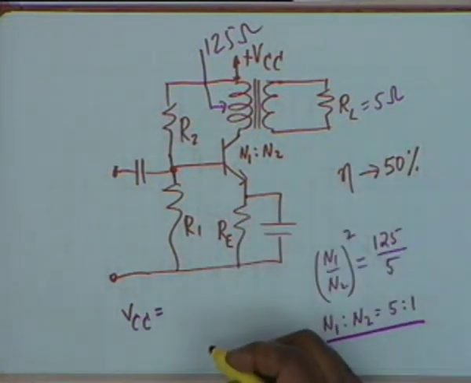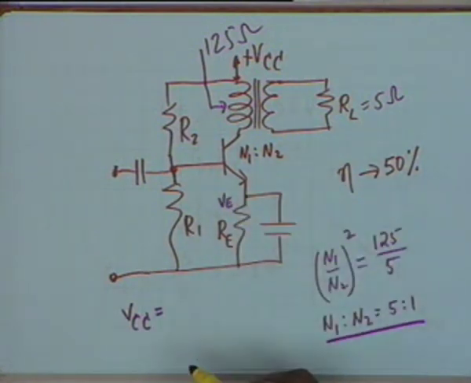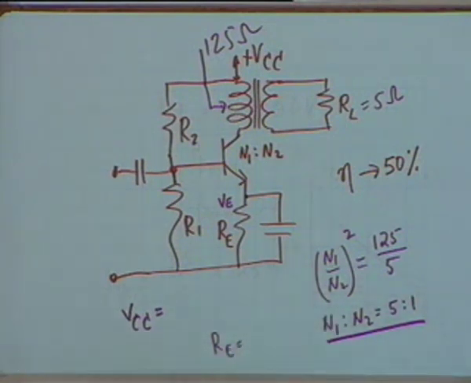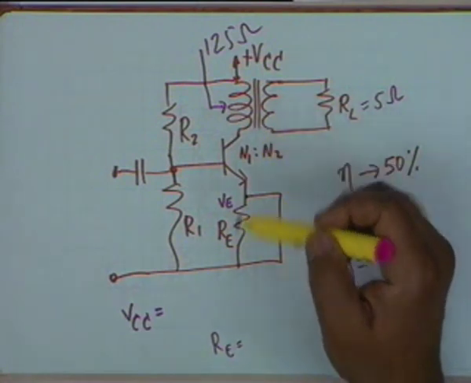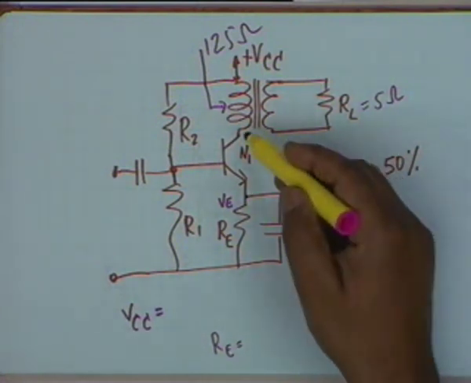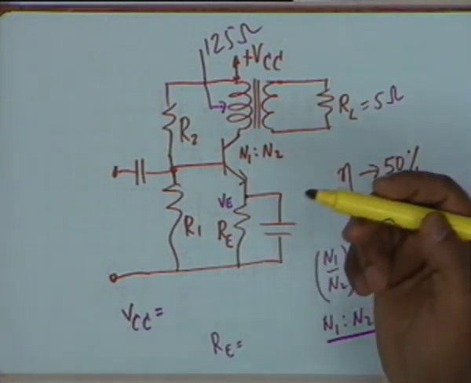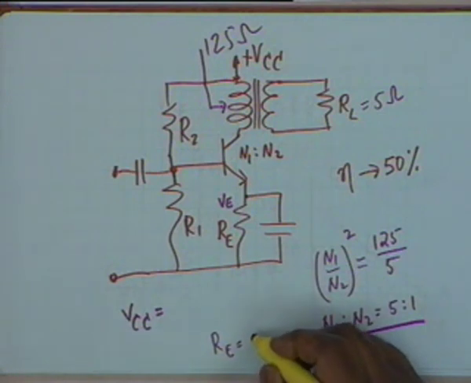If we set this at 3 volts, let us say, if VE is set at 3 volts, then obviously RE needed shall be equal to, the current is 0.2 plus 0.2 divided by beta, but since beta minimum is 30, we can ignore that term, and therefore what shall be RE?